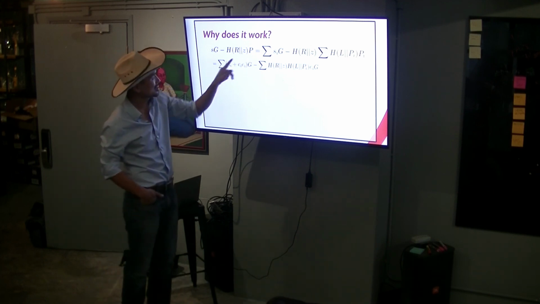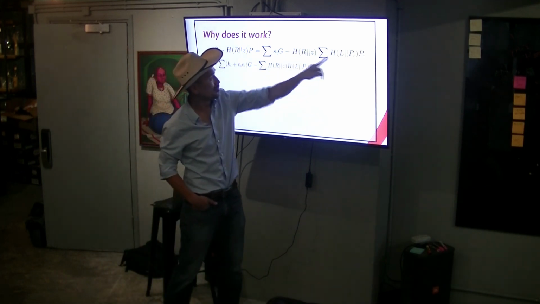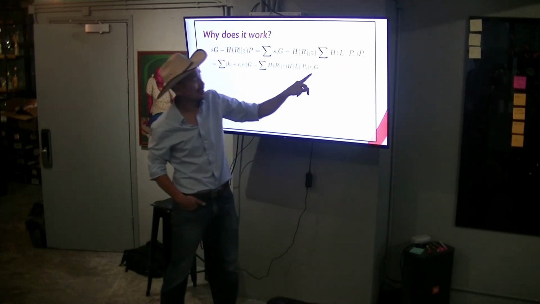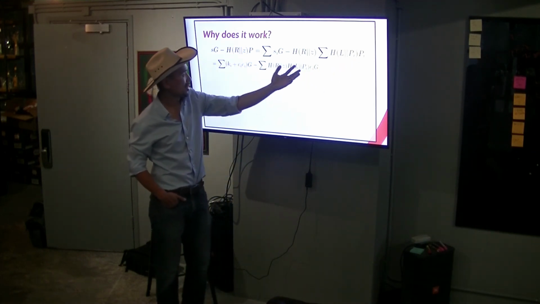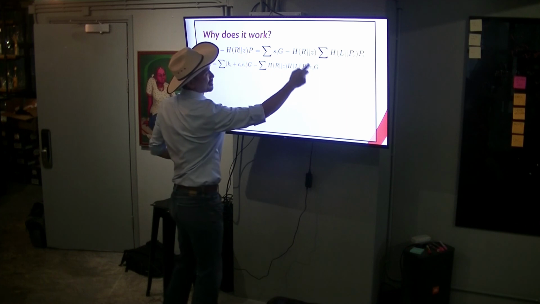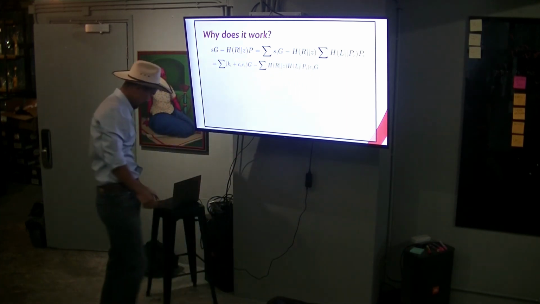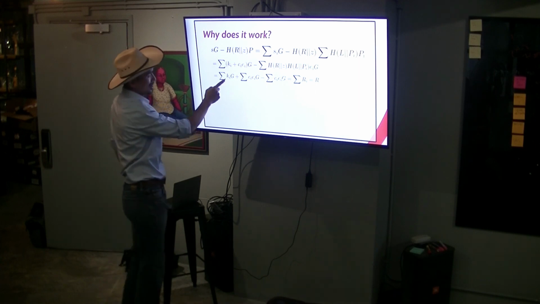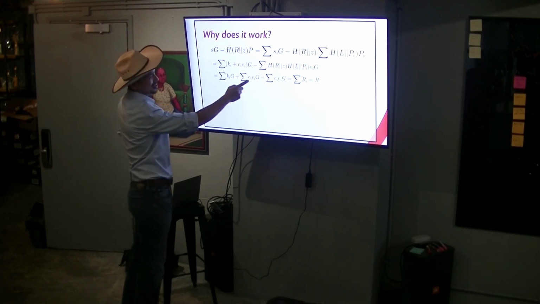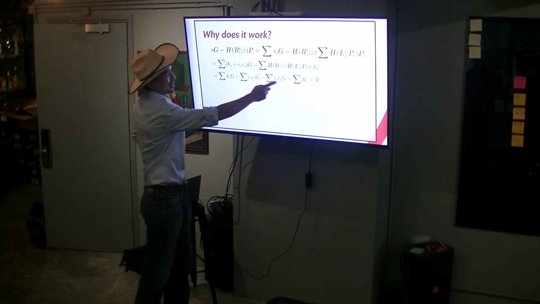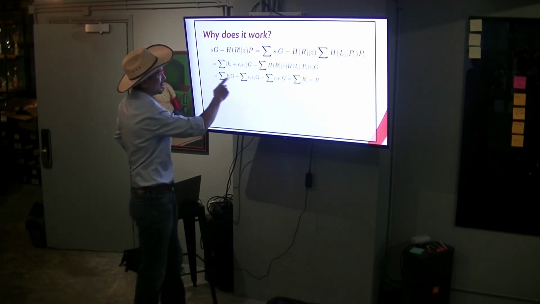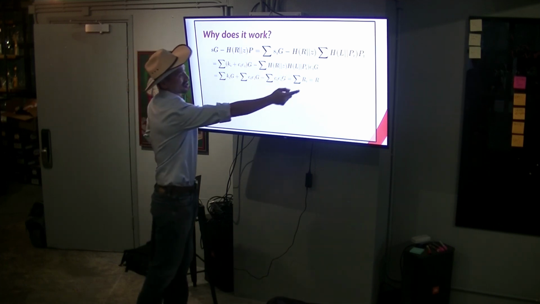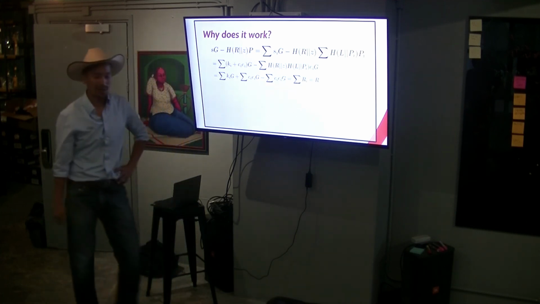S sub I is this, and we can move this in here, and P sub I is E sub I times G. You get this thing, and this turns out to be the definition for C sub I, which we're going to take advantage of and expand. So the sum of K sub I G plus C sub I E sub I G minus C sub I E sub I G. These two terms cancel, and you get K sub I G, which is just R sub I, and those sum up to R.